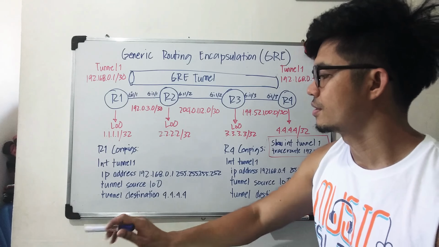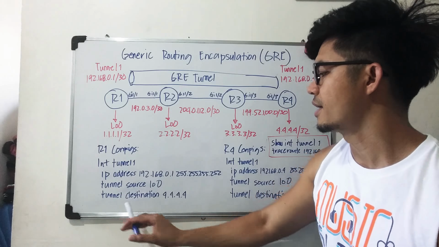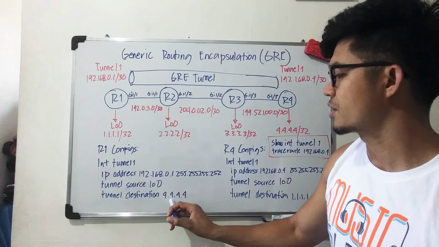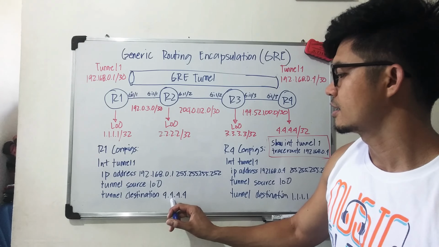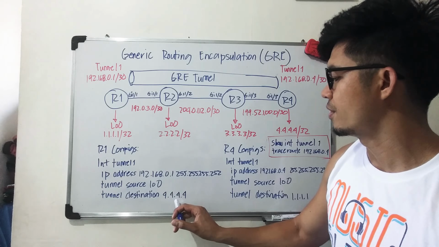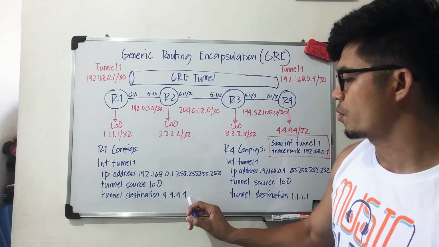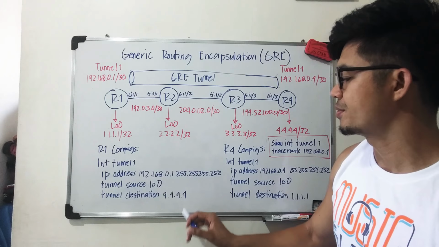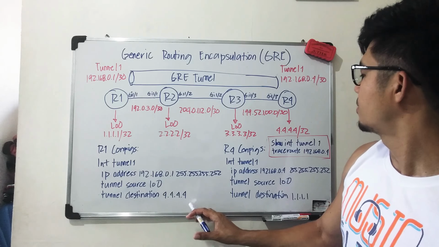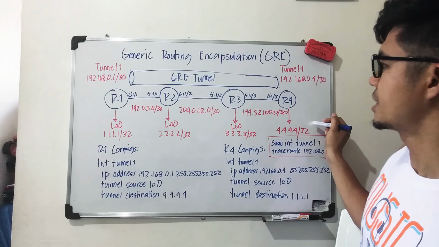And of course the tunnel destination, this is the IP address of your tunnel destination. So 4.4.4.4. Take note that you don't have to specify the subnet mask, but it is /32, as you can see here.